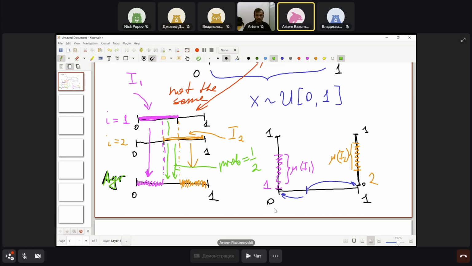Questions here? Of course. Yes. So again, the aggregator takes from the first agency, from the first newspaper, this part, because this is high quality.